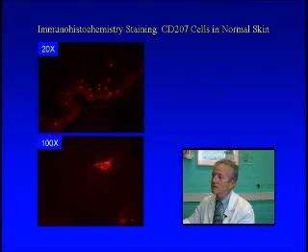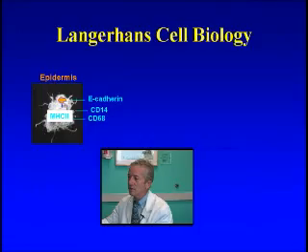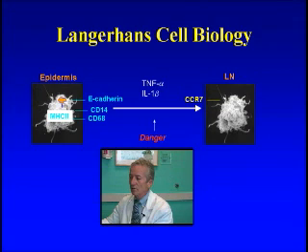And in this little immunohistochemical stain, these little red dots here, just occasionally seen along the inner surface of the skin, are these CD1A cells, or actually CD207 cells, which are distributed intermittently along the surface of the skin.